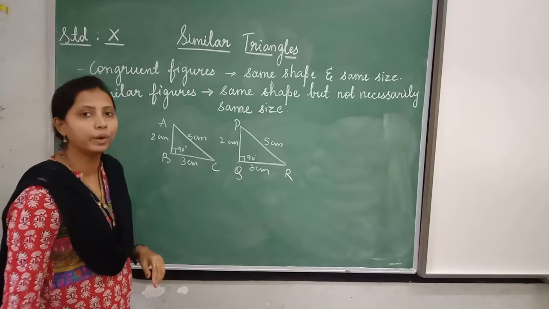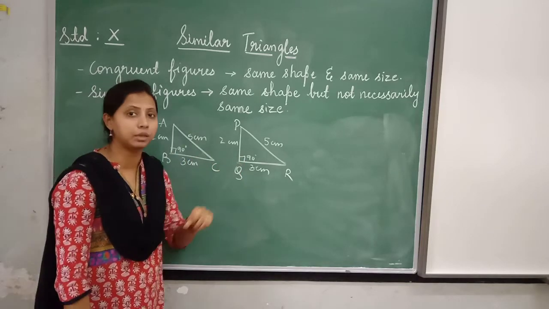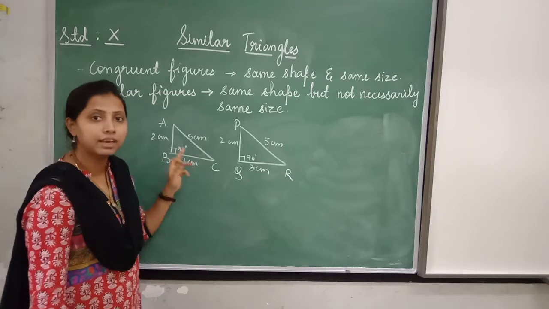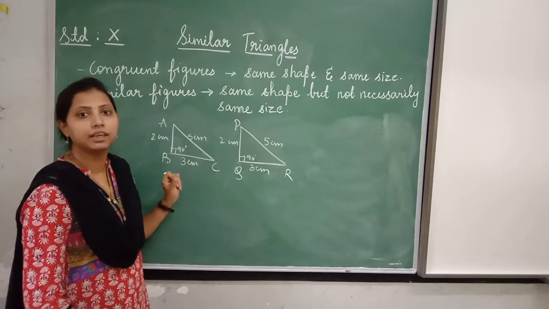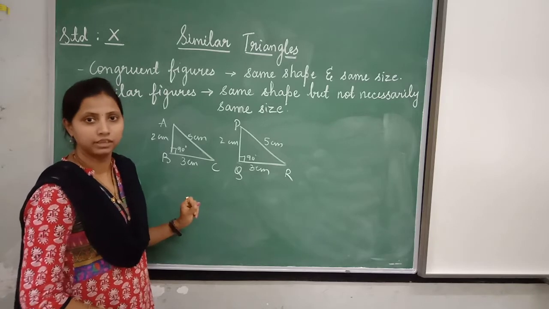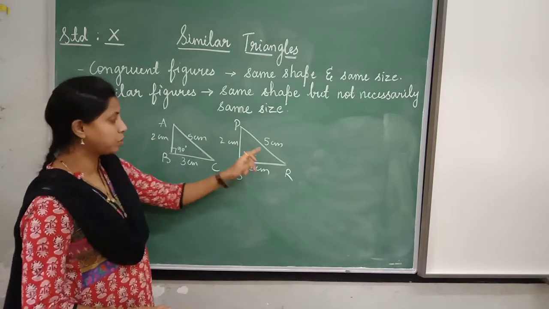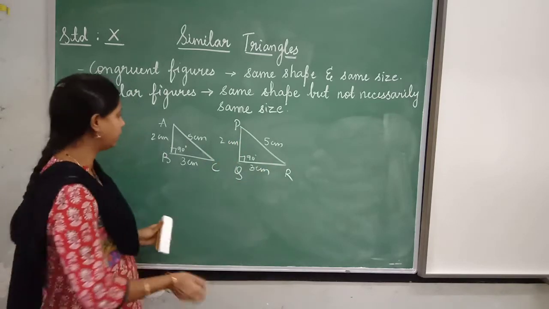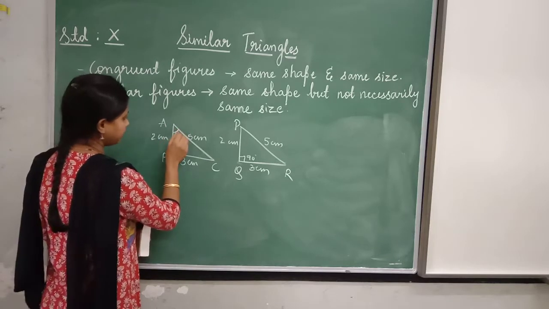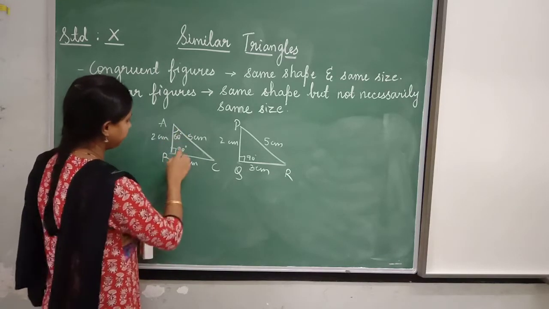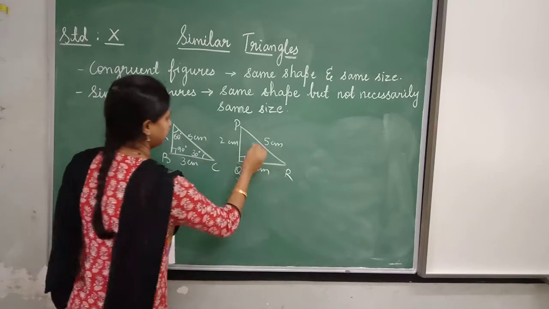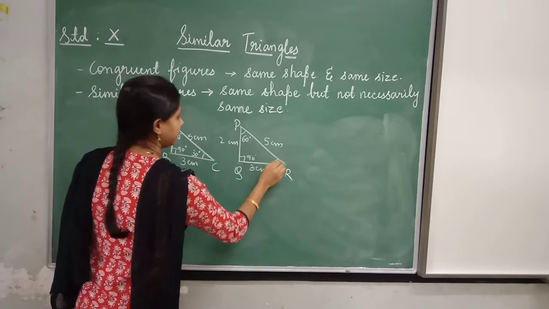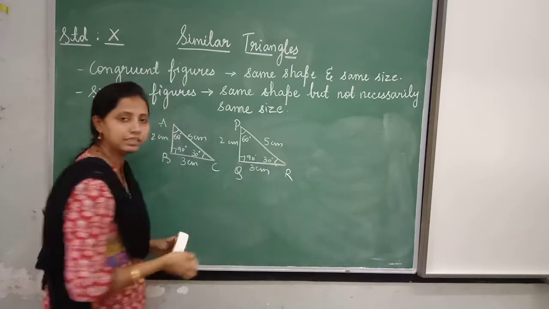Now, can you say that these two congruent triangles are similar to each other? Yes, you can, because you can see the corresponding angles are equal. For example, you can write 60 here.